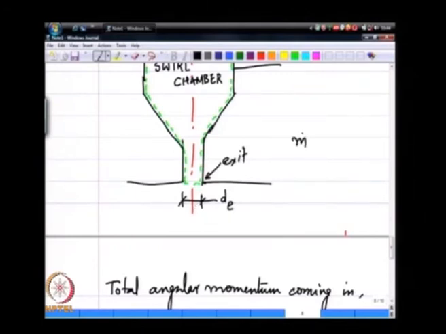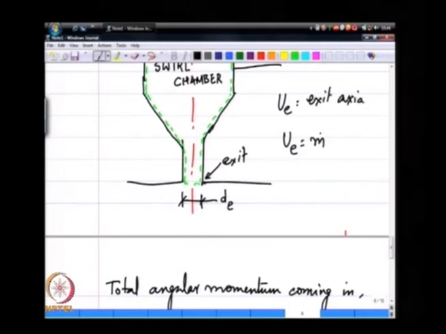So, if I look at the axial velocity, I will call this u at exit, this is m dot divided by rho A_e.